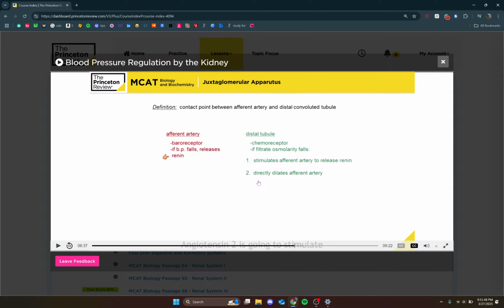Bro, I need to make this. It looks so fire. It's cauliflower, bro. It's literally cauliflower. It looks so fire.